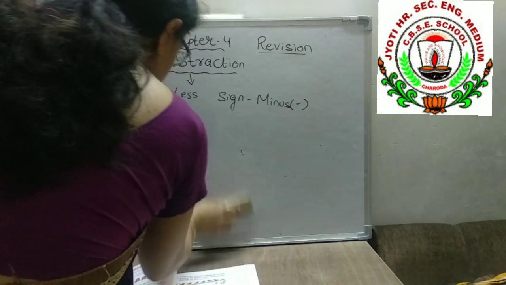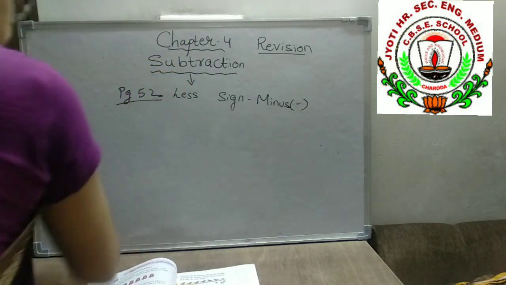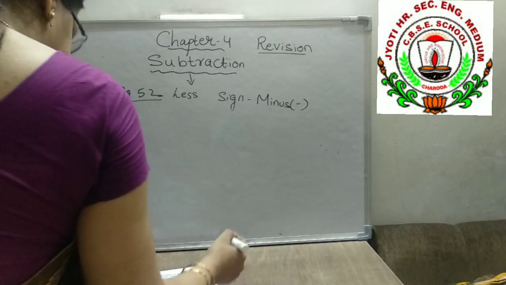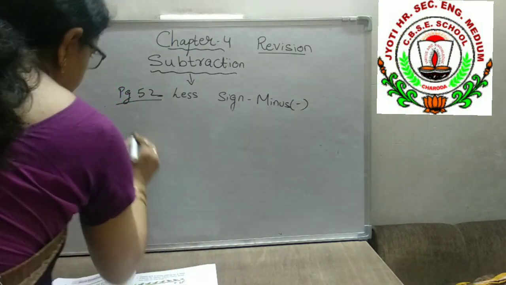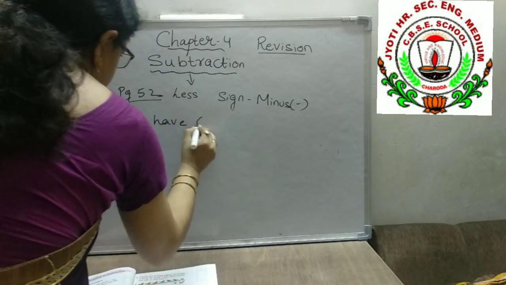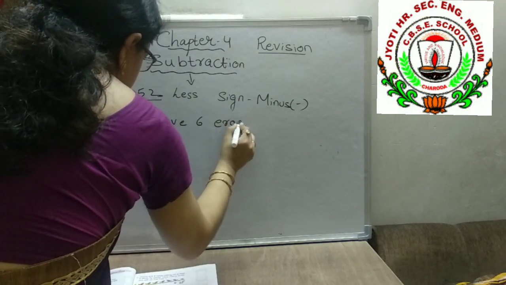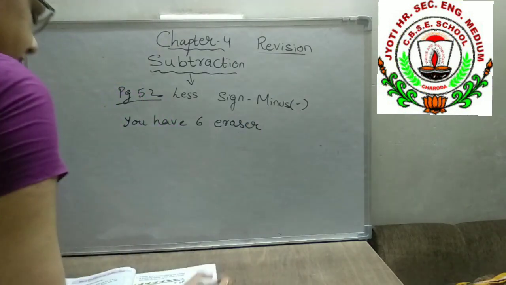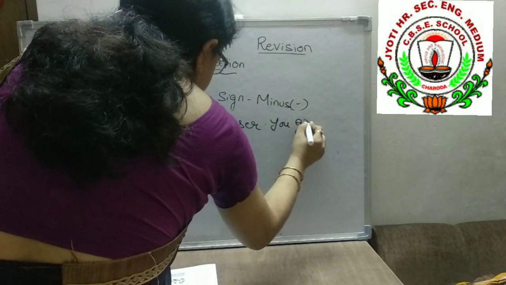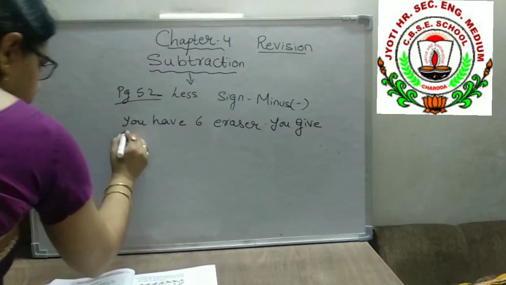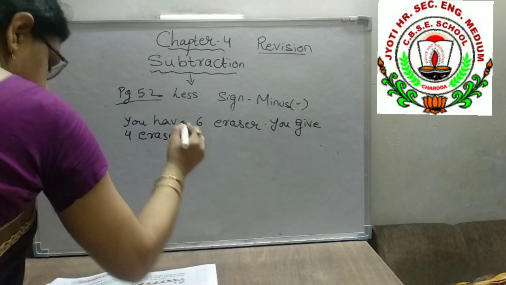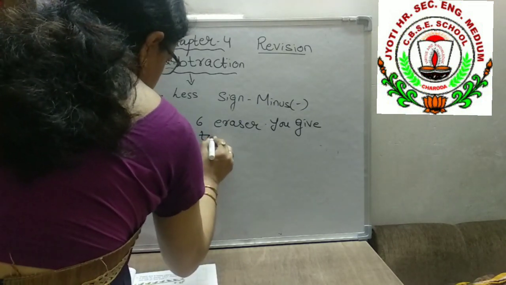Let us take one more word problem. You have 6 erasers. How many erasers do you have? 6 erasers. You give 4 erasers to your sister.